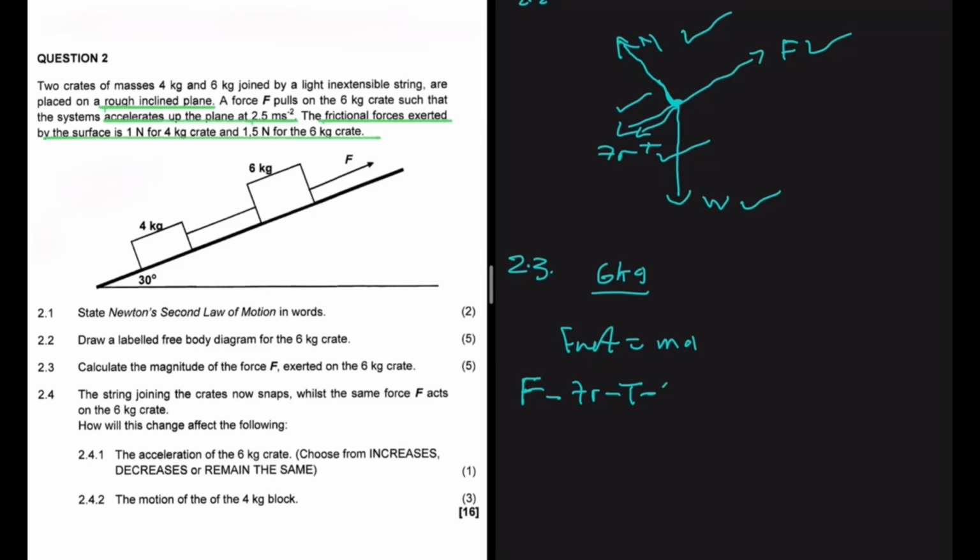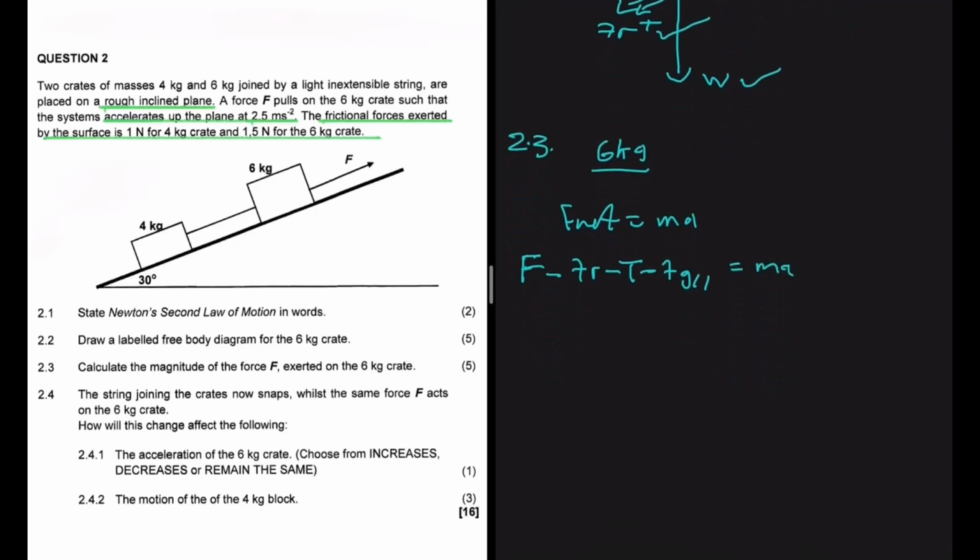So from there on, we're going to have F minus frictional force, which is 1.5 for the 6 kg block, and then minus the tension, which we don't know for the moment. And then minus FG parallel.